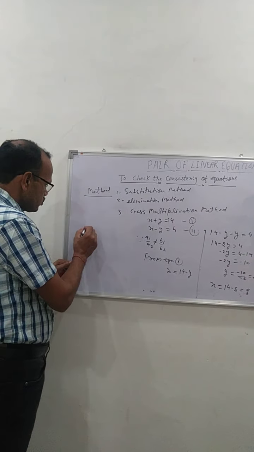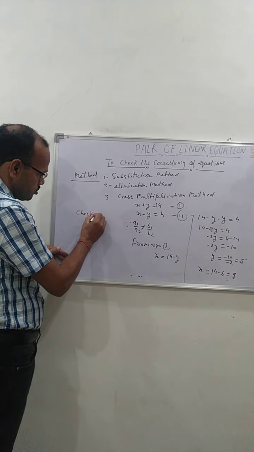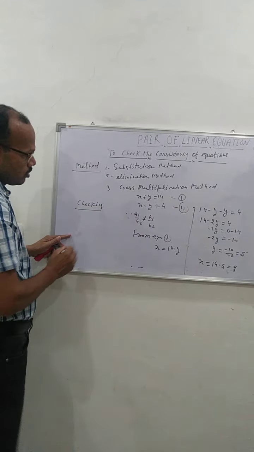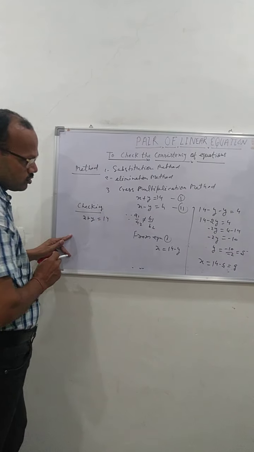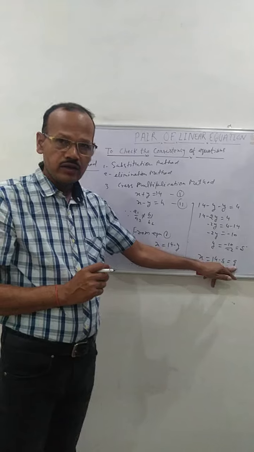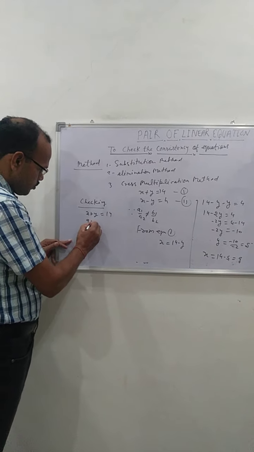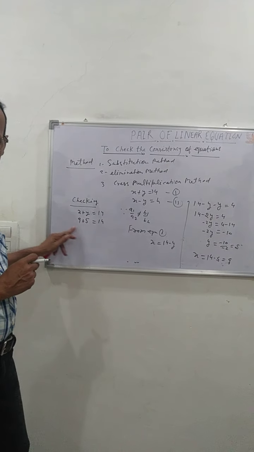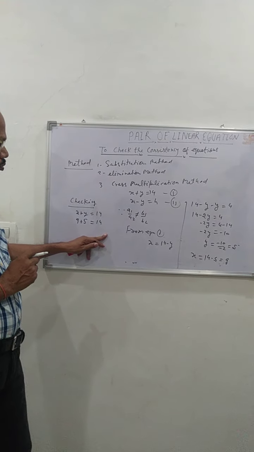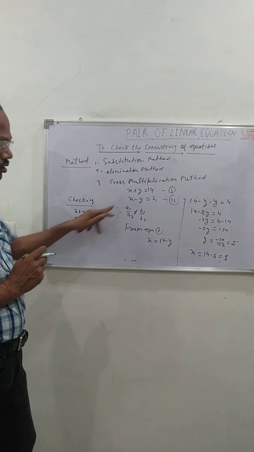So x plus y is equal to 14. Here x is equal to 9 and y is equal to 5. So 9 plus 5 is also 14. So my answer is true. If you put these values in the second equation, it will also hold.